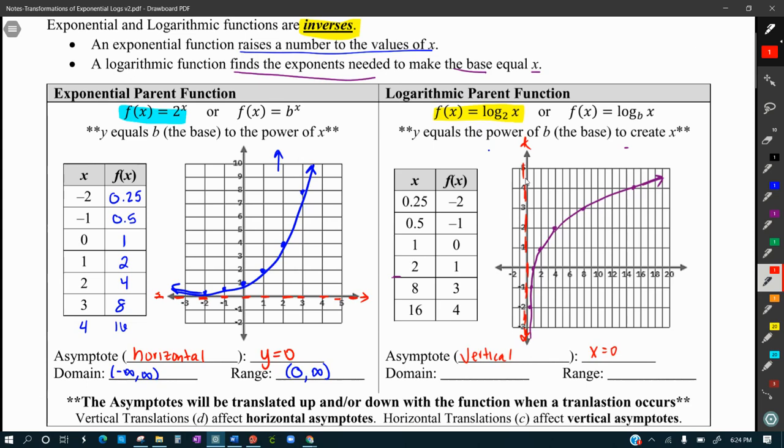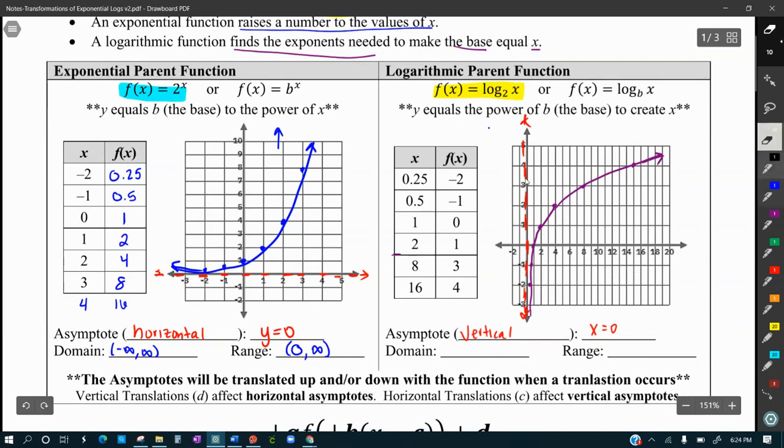Since I cannot get an exponent to make a result of 0, there is no exponent to give me a result of 0. It's not possible. 0 will never be log base 2 of x. No matter what I try to do, I will never get a 0 as a result.